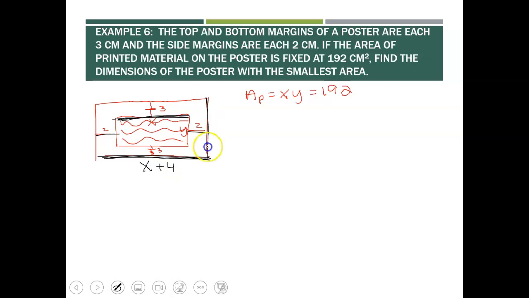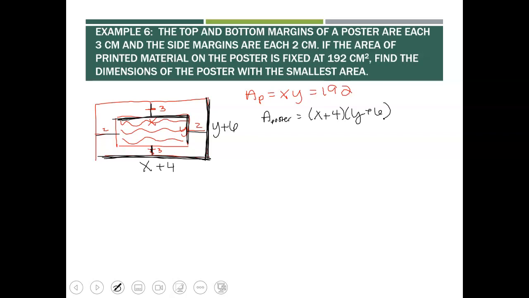And then the other piece is the inside and both margins again. So the area of the entire poster is x plus 4 times quantity y plus 6.